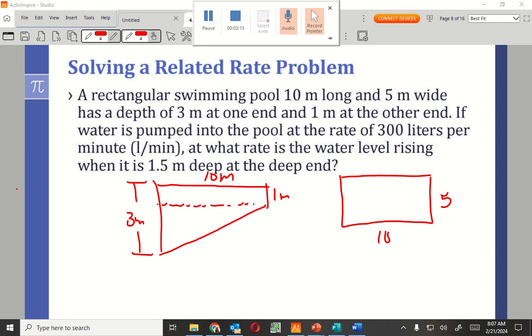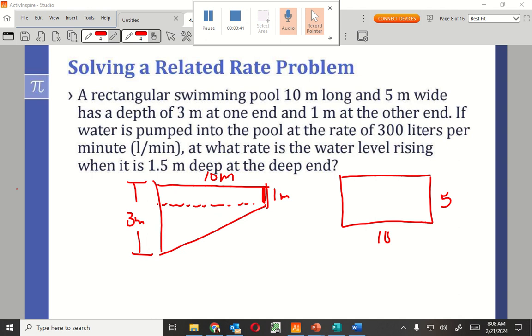But when I get to this point right here, it's all the same shape, so it's going up at a constant rate. The rate that it is filling up is going to be constant at that point.